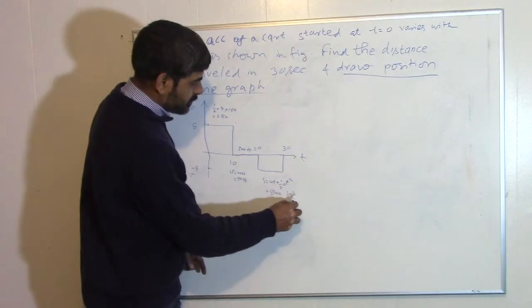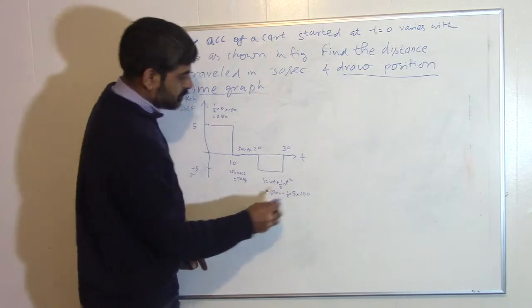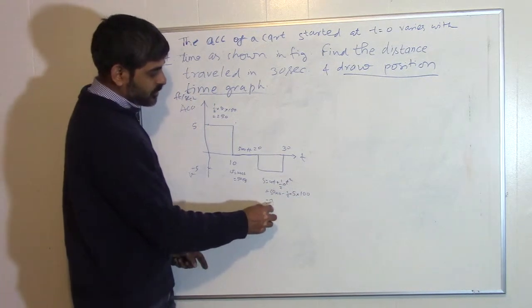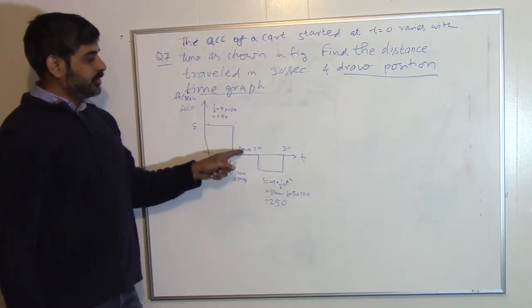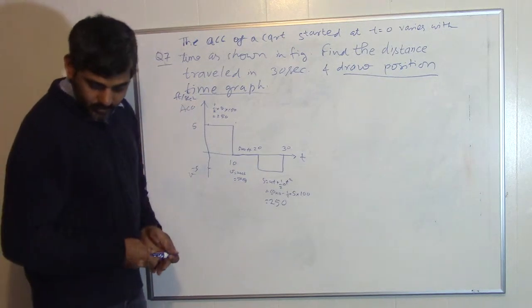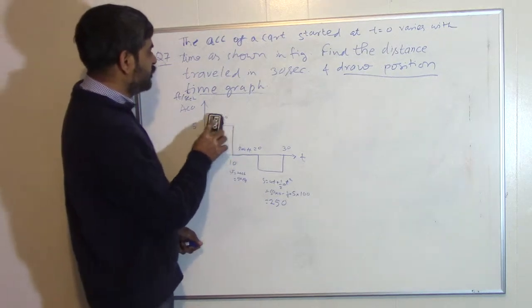So this is minus 5 into t square, which is 100. So this becomes 500 minus 500 by 2, 250. So add all this: 250 plus 500 plus 250, 1000 feet. Your answer is done.